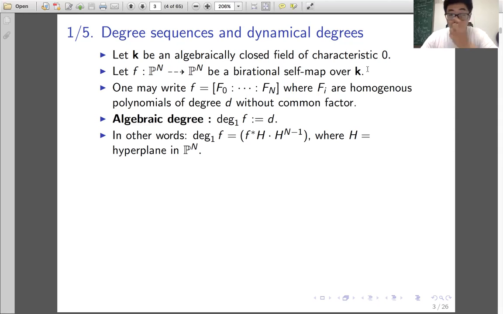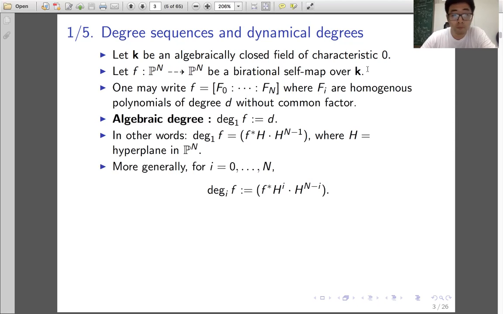In other words, more geometrically, we may write deg_1(F) equal to the intersection of F pullback of H with H^{n-1}, where H is the hyperplane of P^n.